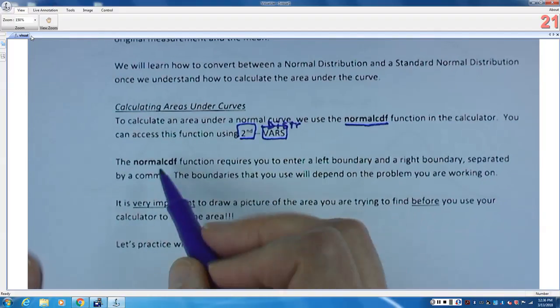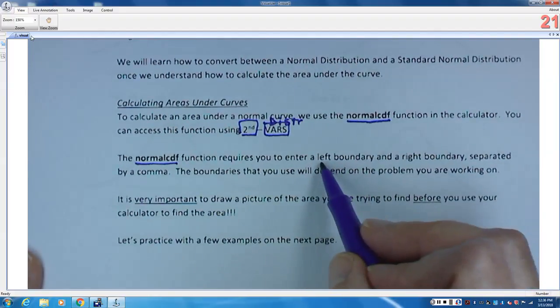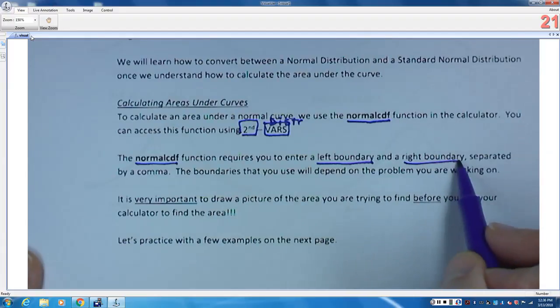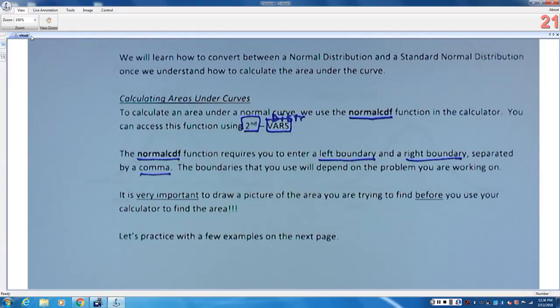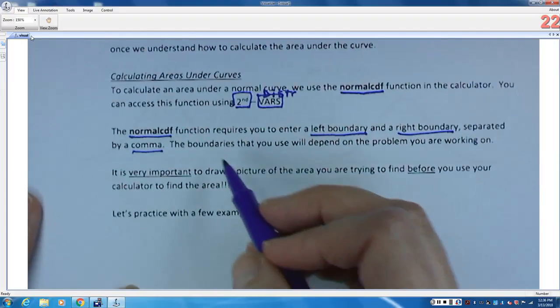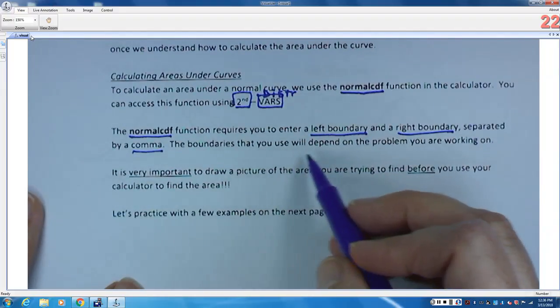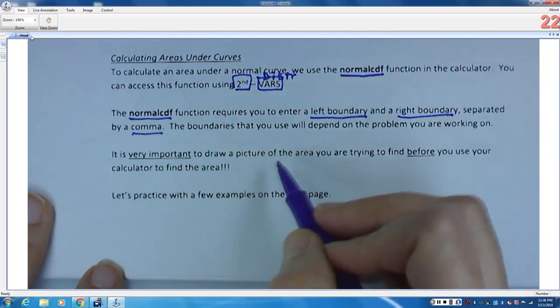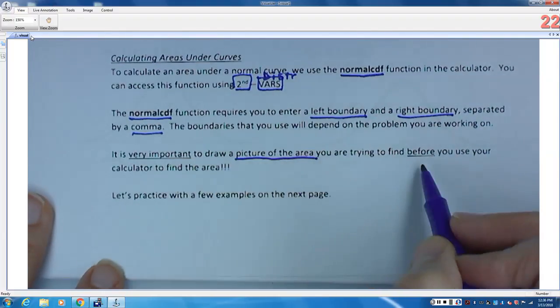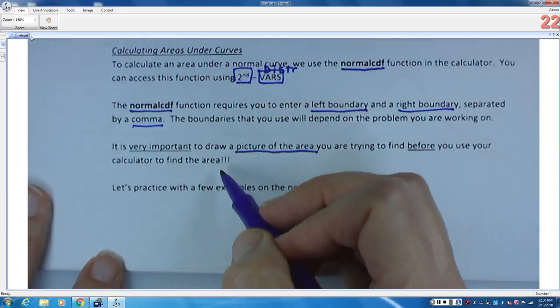The normal CDF function requires you to enter a left boundary and a right boundary separated by a comma. Or if you have the stat wizard, it'll prompt you for those. The boundaries you use will depend on the problem you're working on. And it's very important you draw a picture of the area you're trying to find before you use your calculator to find the area.